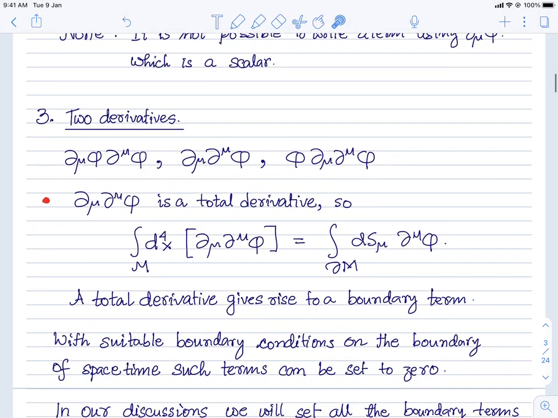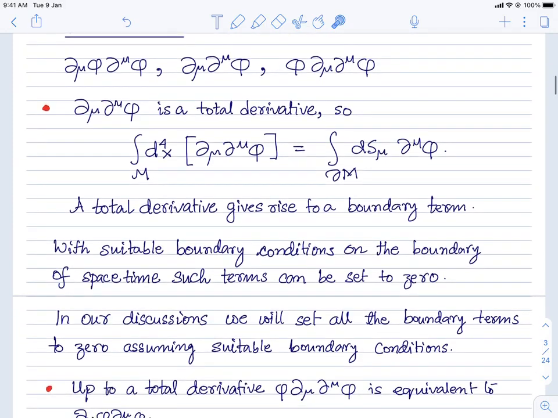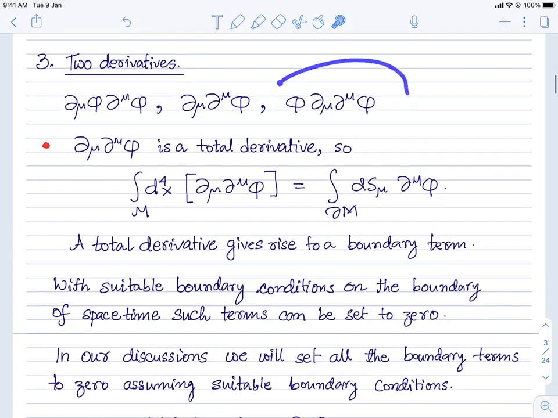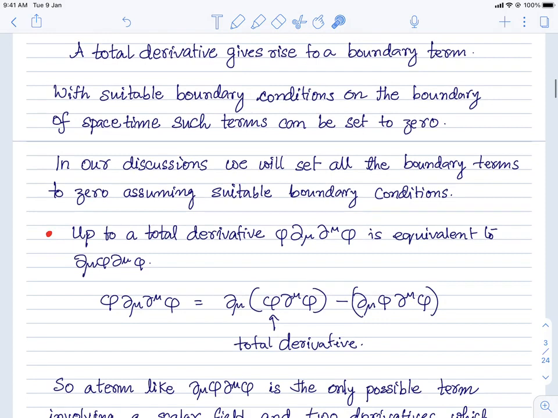Okay, very good. So now, there's a term like this and there's a term like this, which is possible to write down. But if we notice, a term like this is basically equivalent to this one up to a total derivative term. How is that? Because I can take this, write it as a del mu acting on this operator.